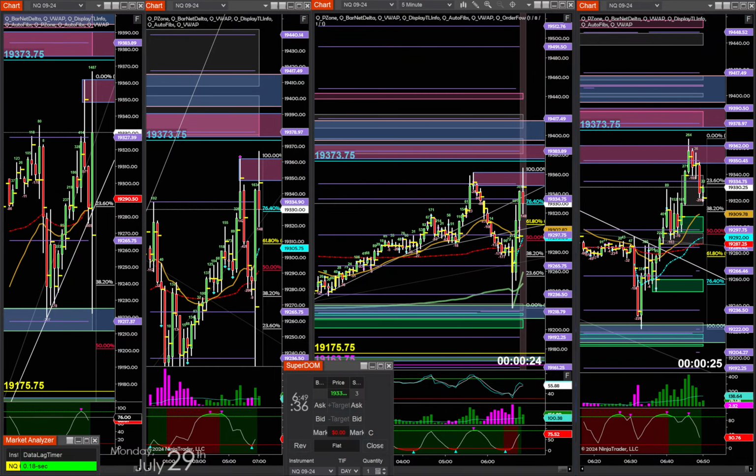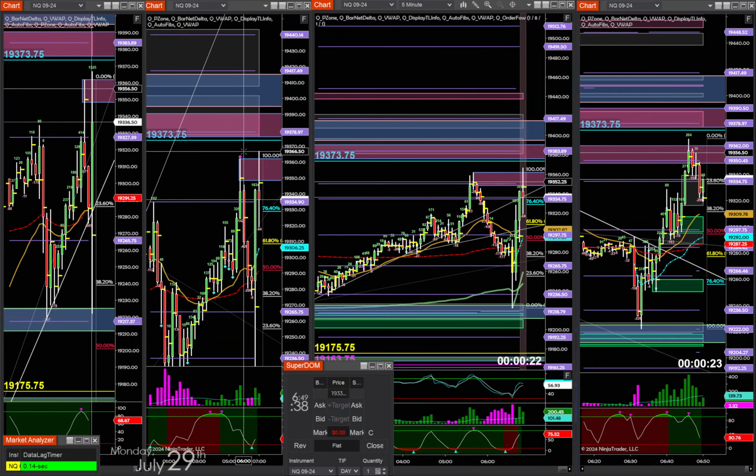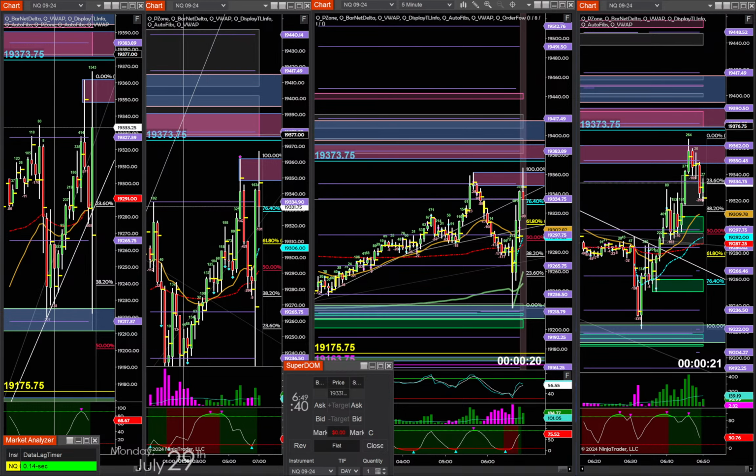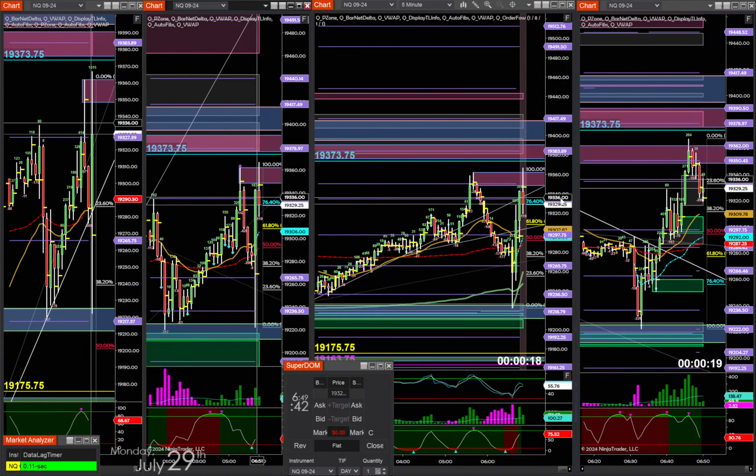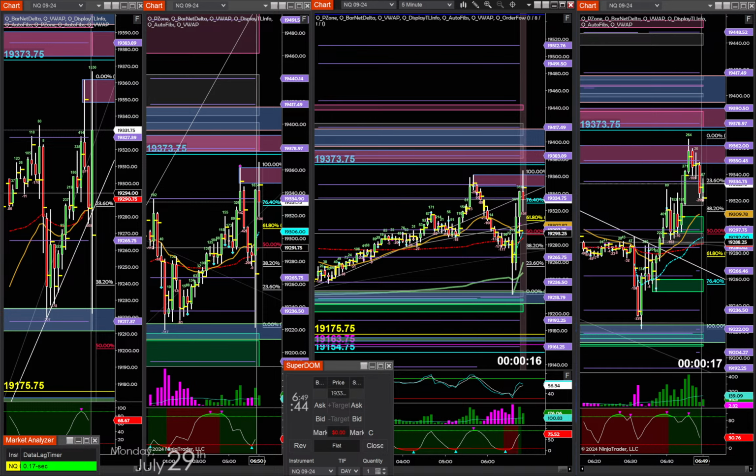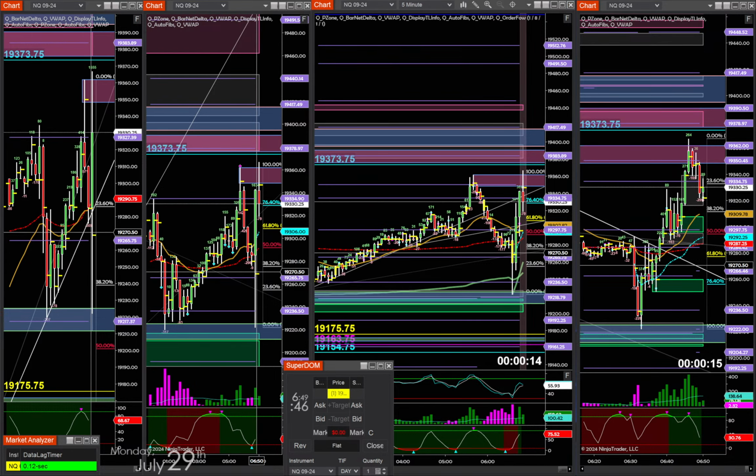Yeah, the 1 minute, the 5 minute, the 15 minutes, confirming a short as well. There's the POC top of the bar. I don't have an entry on a short right now because I based it on the 1 minute.